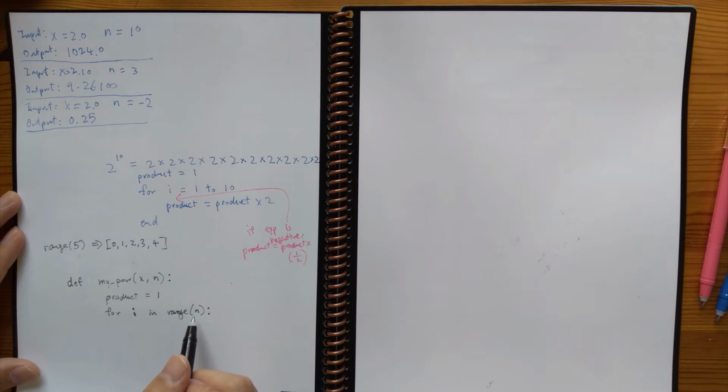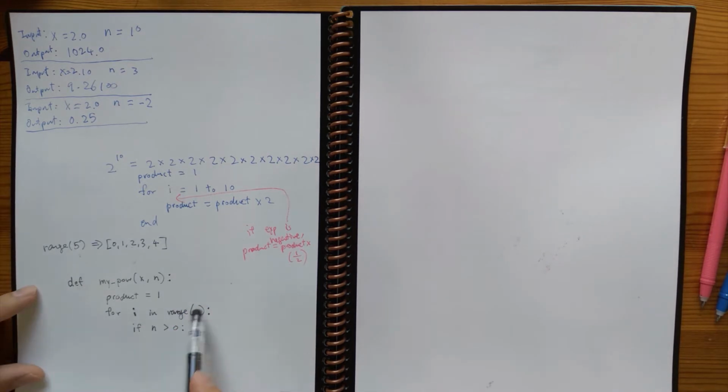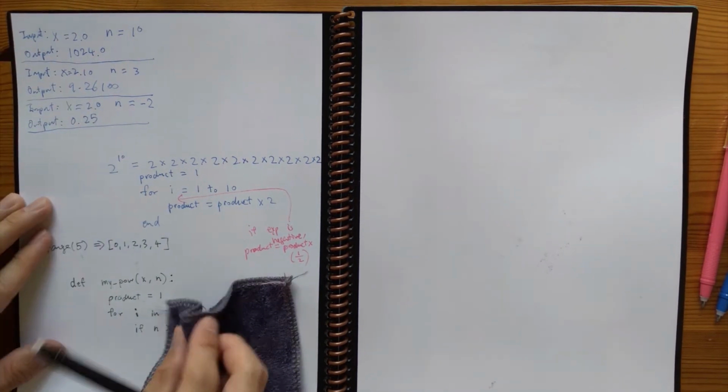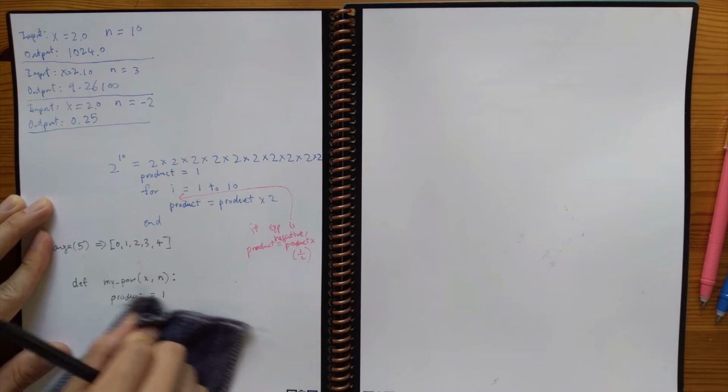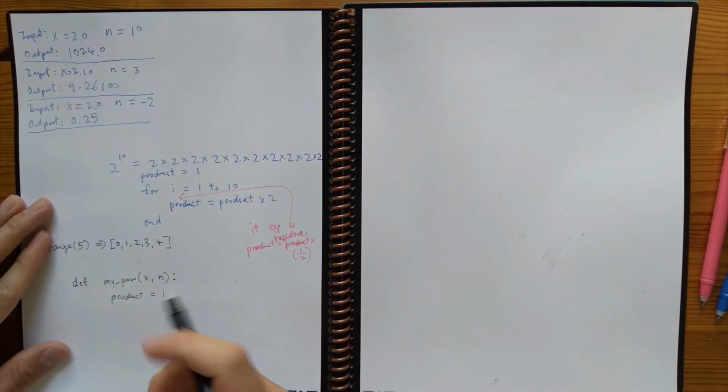So iterating through this, I'm gonna say if my n is greater than 0. Hold up. Will this work if it's a negative number? Huh. I might have to handle it initially. Okay, so this is what I'm gonna do.